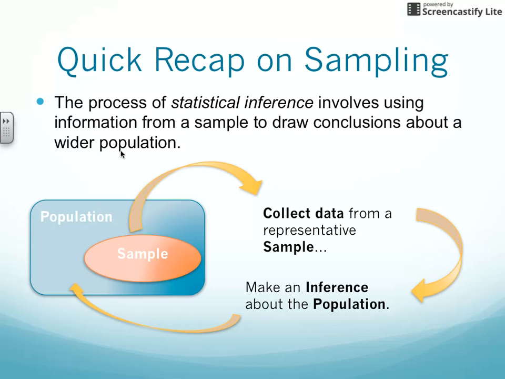You're not going to look for every single gas station in that city. You could look at the diagram there to see how it would work. In a population, you have a small sample. From that, you collect data. You make an inference from the data you collected from your sample to make a conclusion about your population.